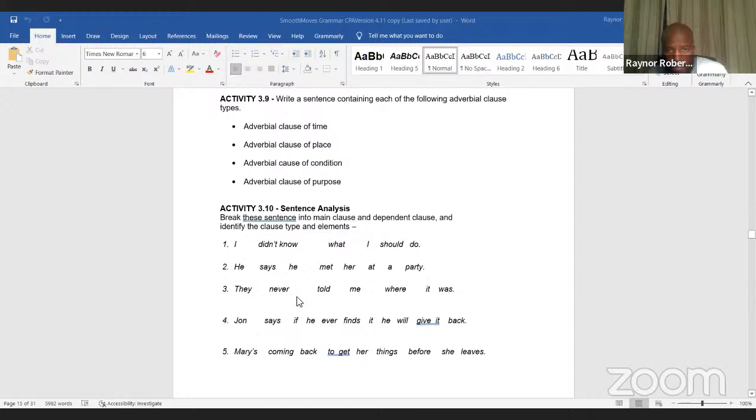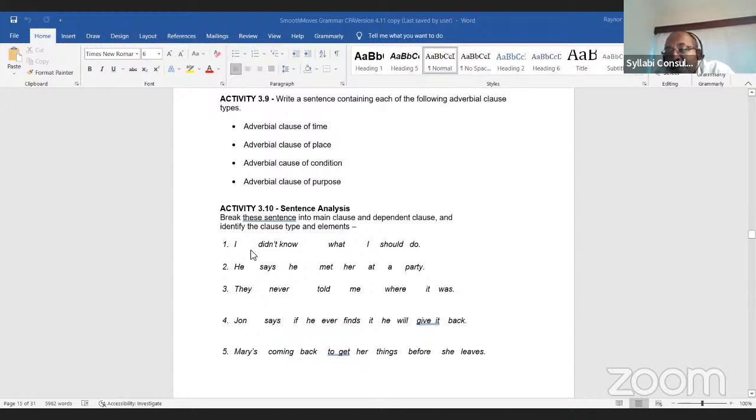All right. Let's do one or two of these. Basically, what you want to do here is see which one is the main clause and which is the dependent clause.